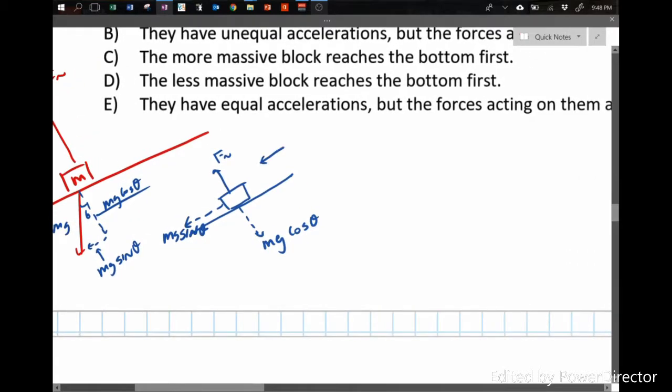We're going to accelerate down the plane, so net force is equal to mass times acceleration. The perpendicular forces balance each other out, so my only net force is mg sine of theta. That's equal to ma. The m's cancel out, so I've got g sine theta is equal to the acceleration.